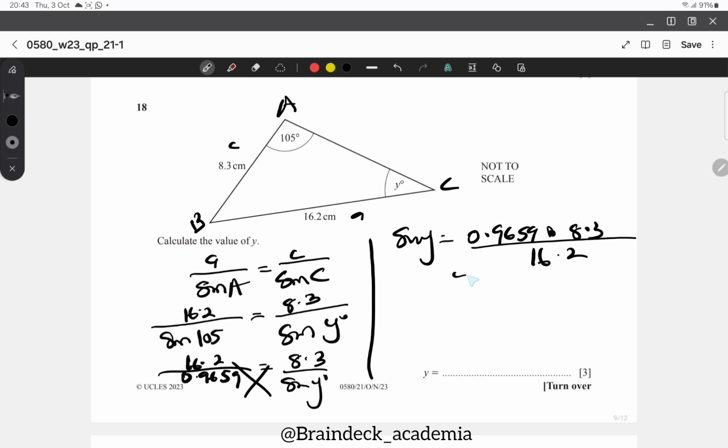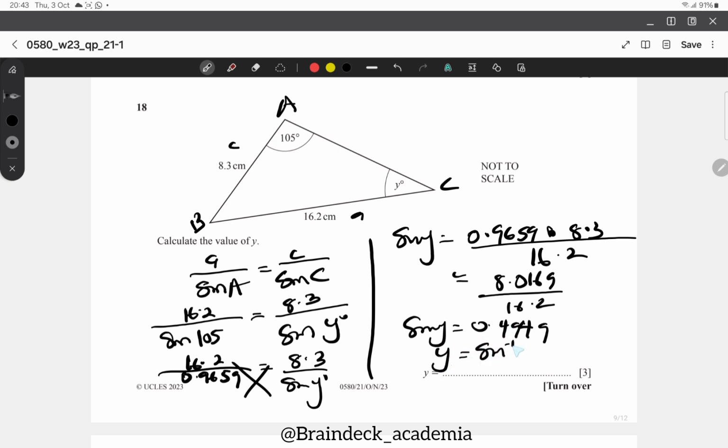That will give me 8.0169 divided by 16.2. So that will give me sine y equal to 0.4949.